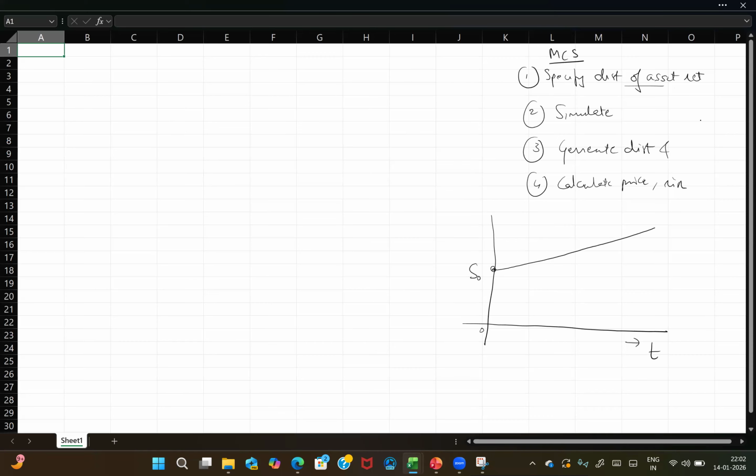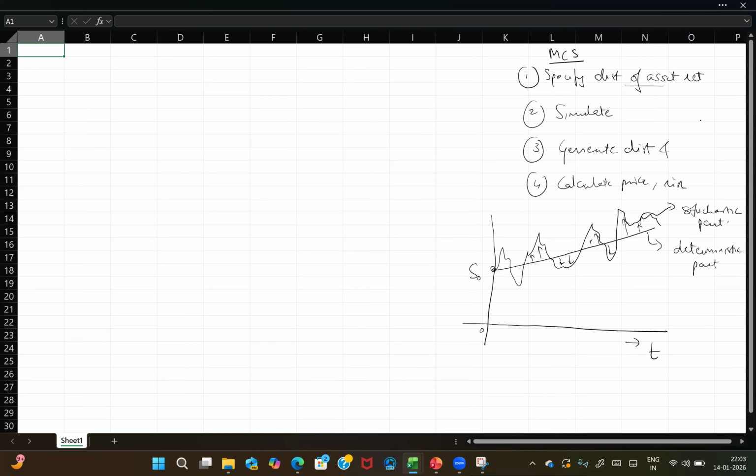However, in the markets, a stock price never evolves like that. It looks like this, right? Which means there are always deviations away from the long-term average or the long-term mean. Now, this is called the deterministic part, and the deviations from the mean are called the stochastic part.